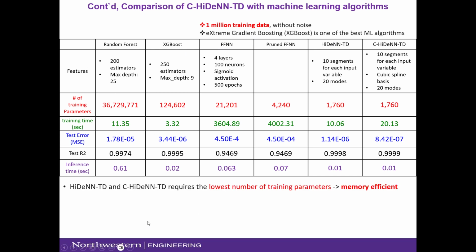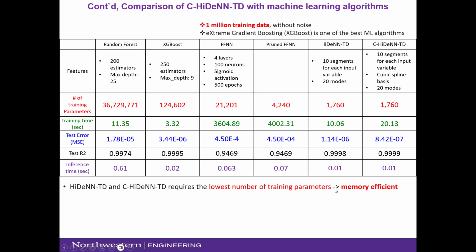Let's compare the results here. HiDeNN and C-HiDeNN require the lowest number of training parameters, as you can see here. It only requires less than 2,000 parameters. On the other hand, random forest, XGBoost, neural network and pruned neural network require a lot more degrees of freedom.